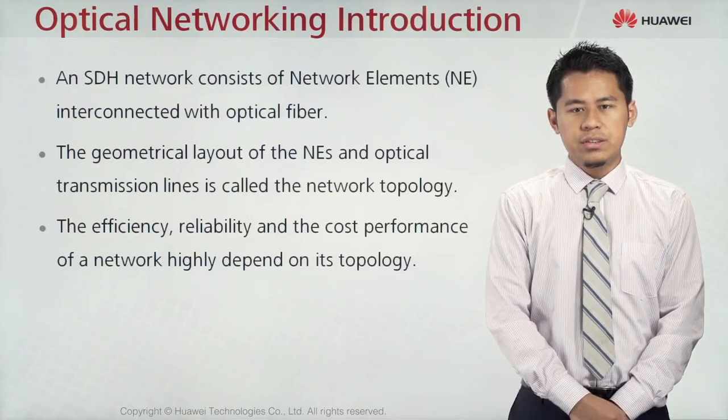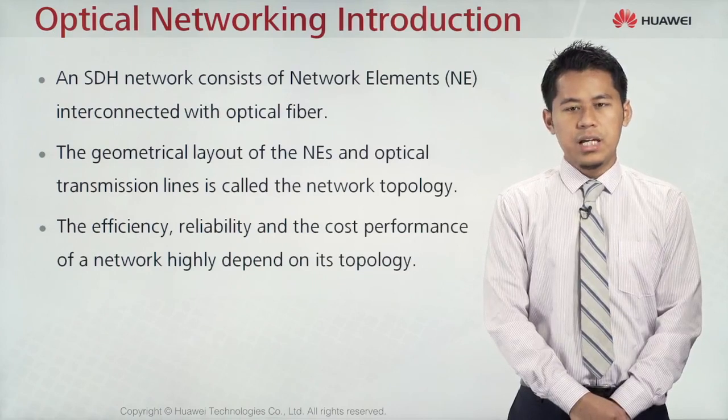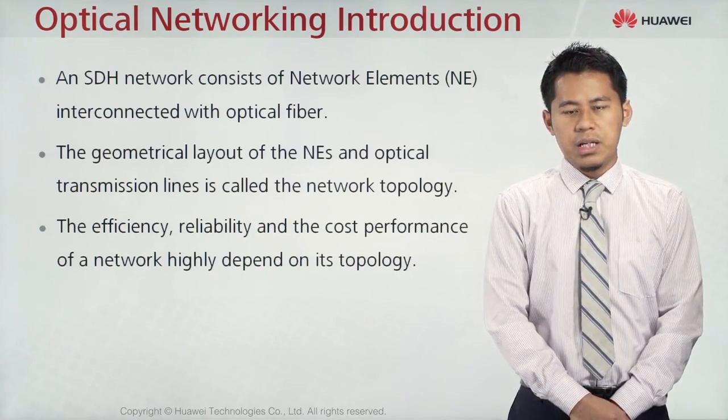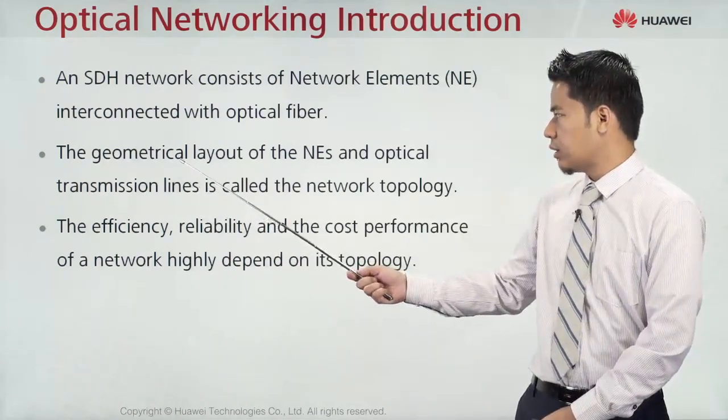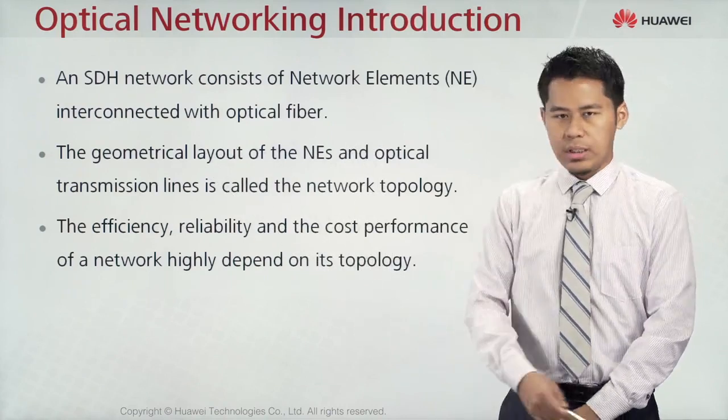So let's go through the optical network introduction. In SDH, as you can see, network elements are interconnected with optical fiber. Most of the time in SDH we use a frame, such as the STM frame. The geometrical layout of the NEs and optical transmission lines we call a network topology.